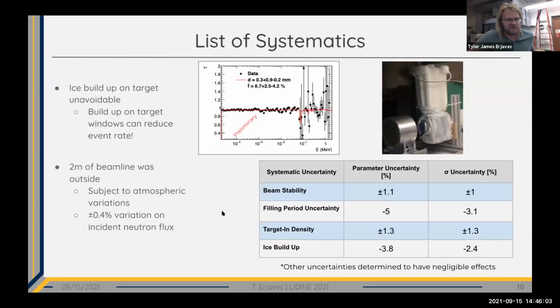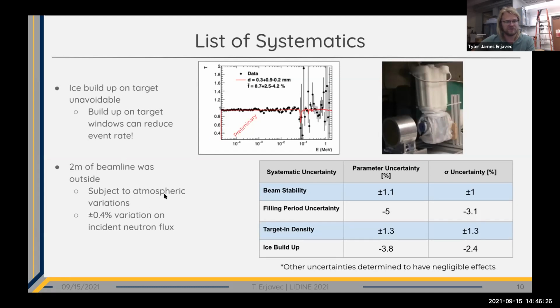So those are two of the major systematics that we had to deal with, but there's a whole bunch more. Again, I mentioned that ice buildup on the target is unavoidable. During our beam runs, we had ice that built up on the target windows where the neutrons would enter the target, so we were able to fit and set a constraint on that.